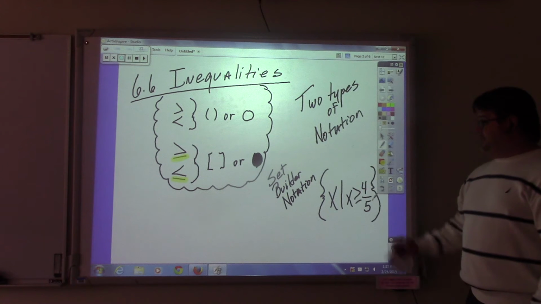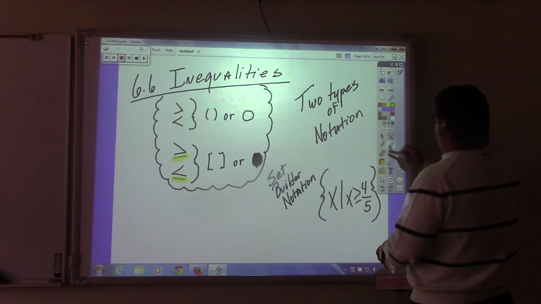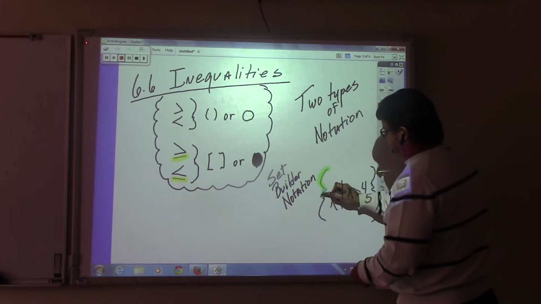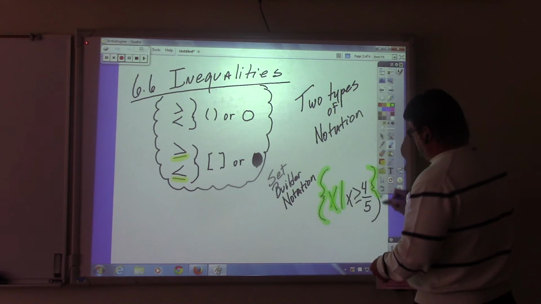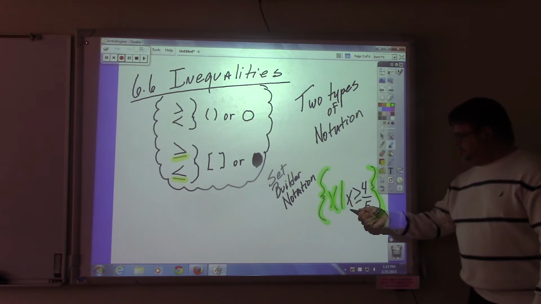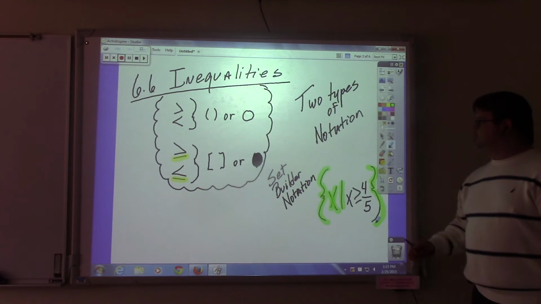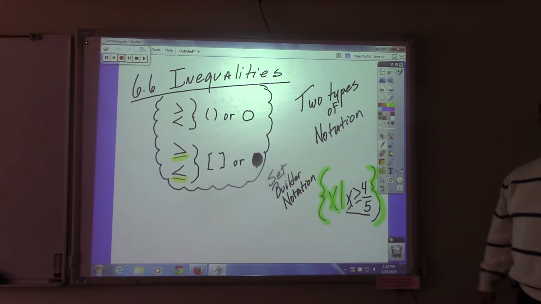So really you could take your highlighter. Does this change? No, that doesn't change. The only thing that changes is what? The answer. So this is what you put in set builder notation.